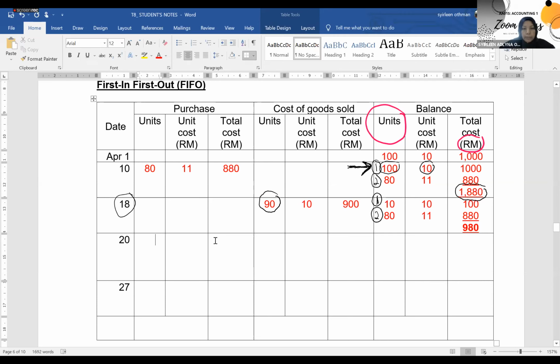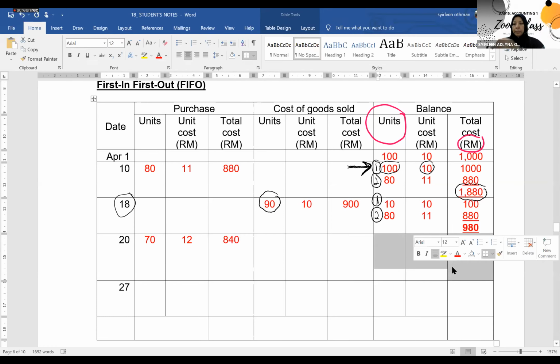So I bought 70, yang ni taken directly from the question, 70 units with a price of RM12 and the total amount is 840. So bila saya nak tulis balance untuk 20 hari bulan, I tak boleh terus campur. I have 3 batches of inventory.